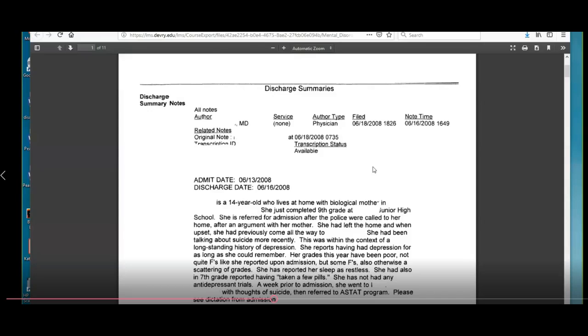So we can, again, get the modifying information from those ancillary reports, but we can't get a diagnosis. The physician has to document the diagnosis. And then if their diagnosis wasn't as clear as it could be, then you can look at those other reports to capture that information, if that makes sense. So that's the order I go through. You guys can, of course, do whatever works best for you.